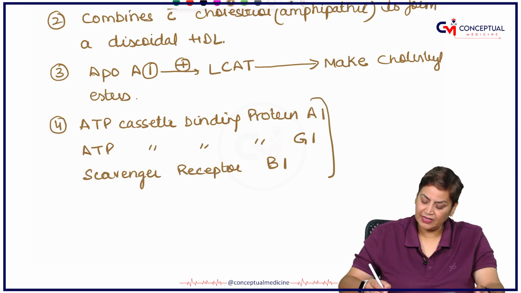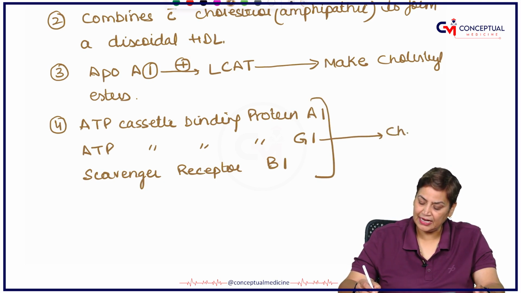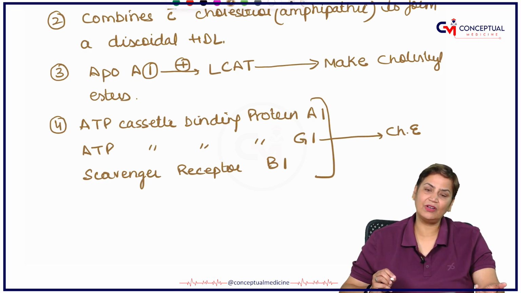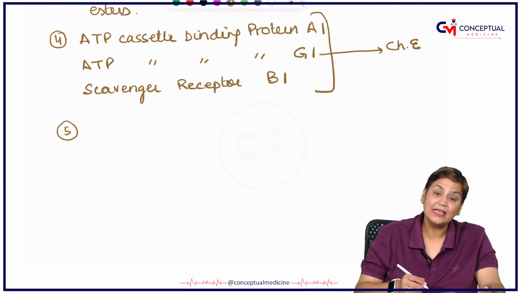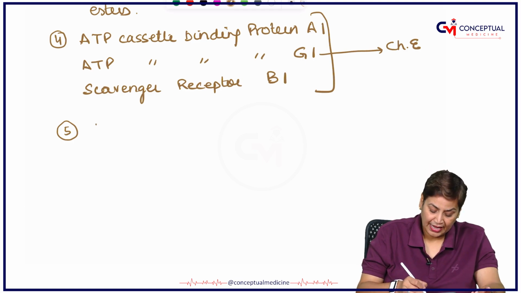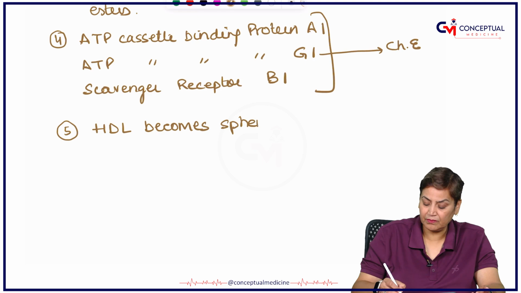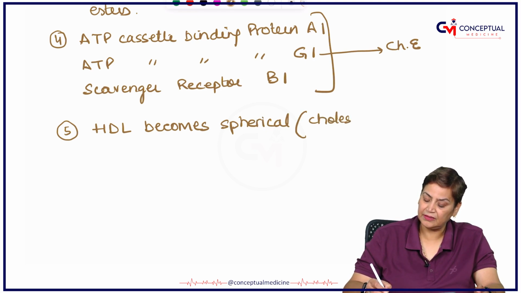These will again be accelerated by LCAT and they will form cholesterol esters. Now with the ester, obviously the structure will become different. So instead of discoidal we get spherical HDL. So HDL becomes spherical. Why spherical? Because of the formation of cholesterol esters.